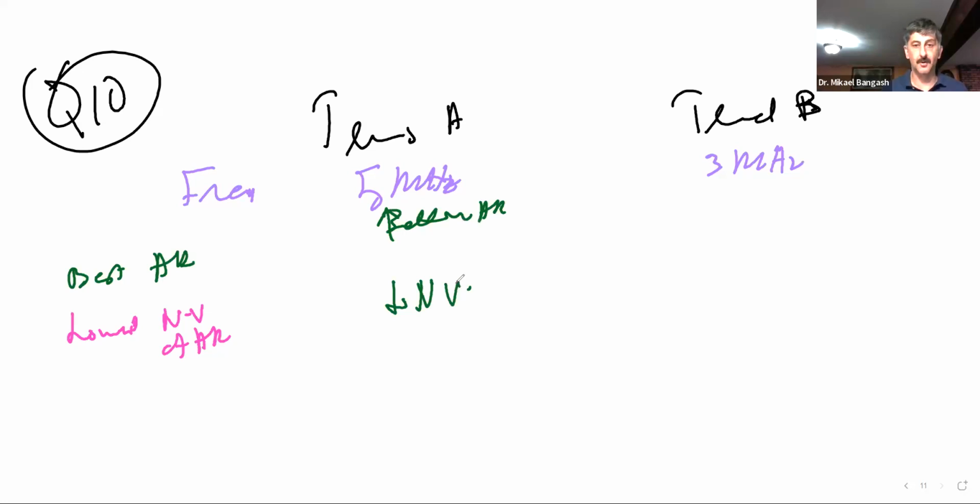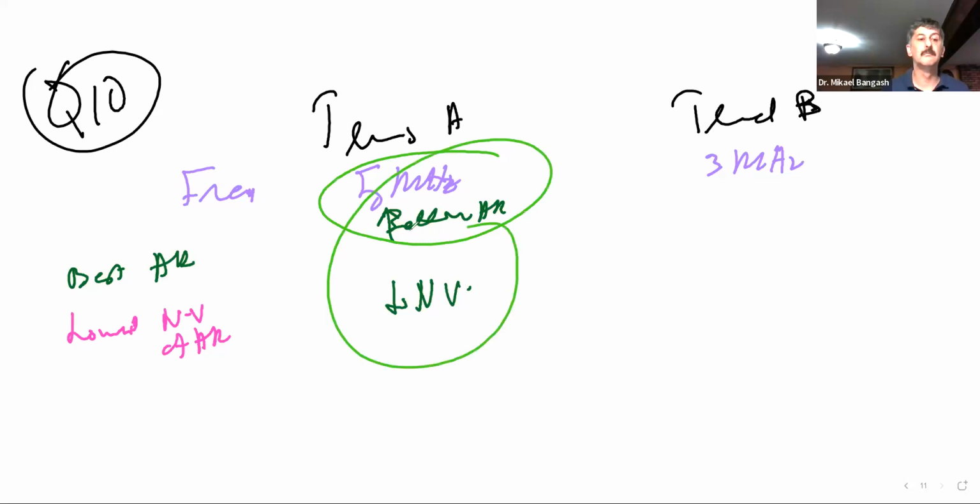So the answer for both of these, whether it's talking about the best axial resolution or the lowest numerical value for axial resolution, is going to be the 5 megahertz transducer. If the question asked the opposite and said poorest axial resolution and highest numerical value, then that would have been the 3 megahertz transducer.